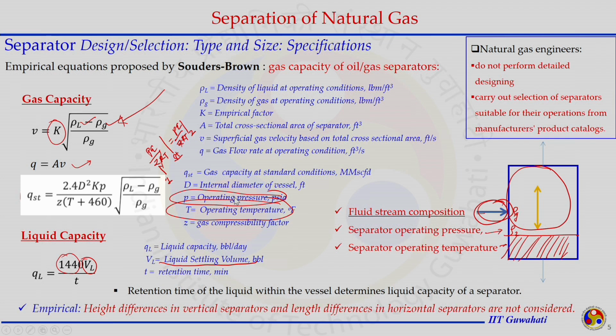If one of them changes, the calculation will change, and again we have to perform the calculation to get the gas capacity and liquid capacity to go to the vendor.